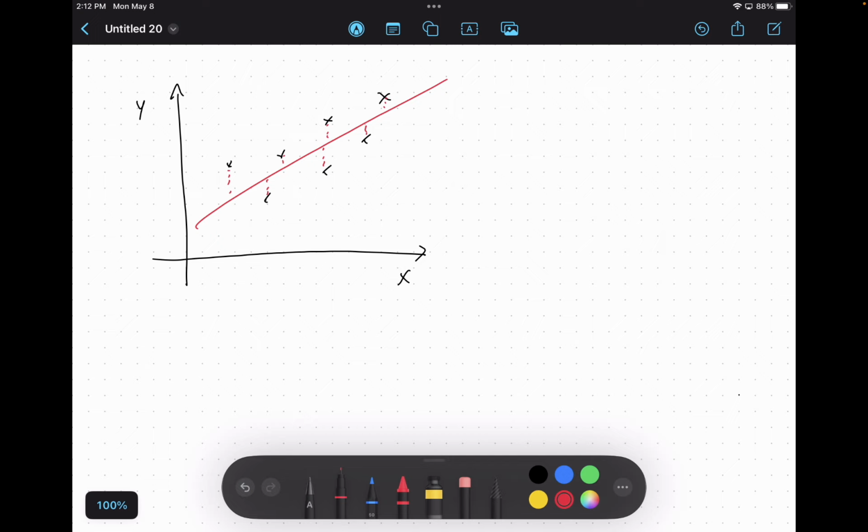But now we are dealing with something slightly different. We're talking about something with these discrete values.